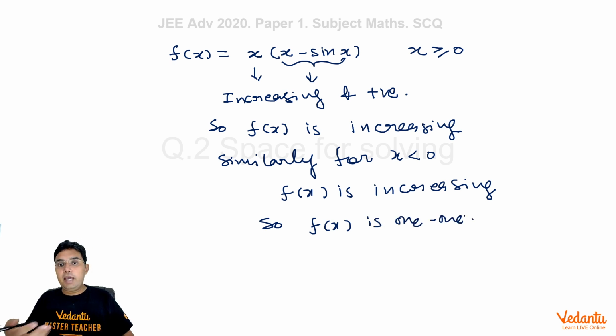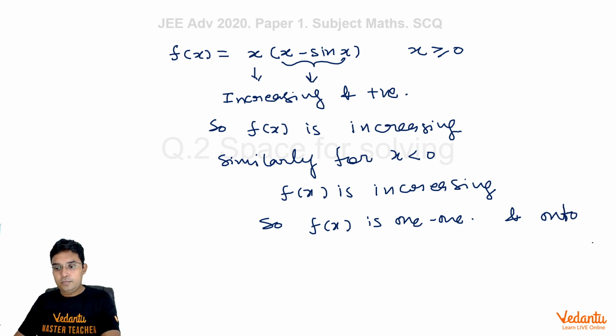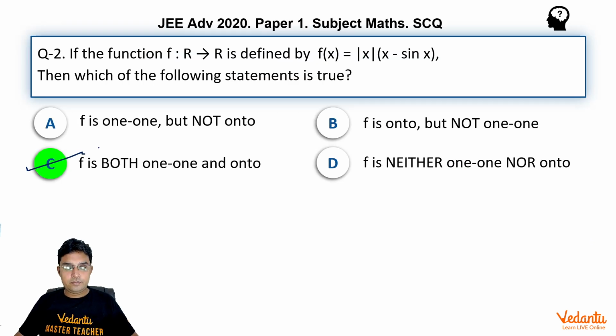For range, I have already told you, it has to have range equal to all real numbers, because for x approaching infinity, the function will be going to infinity. For x approaching minus infinity, the function will become minus infinity, and as it is continuous, the range is all real numbers. So one-one and onto. So C is the answer.